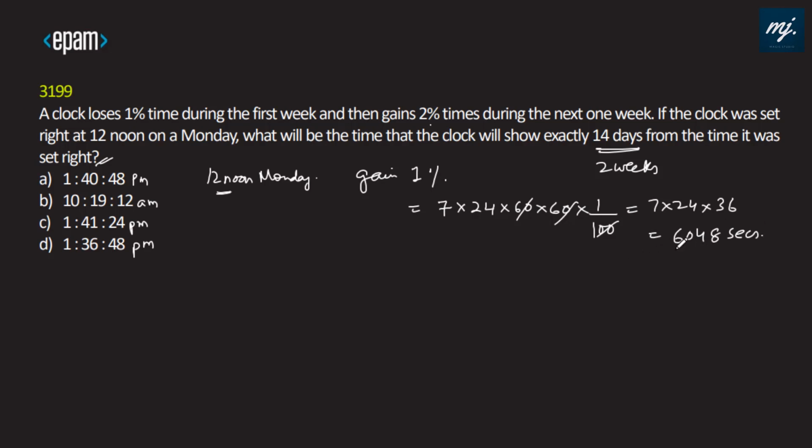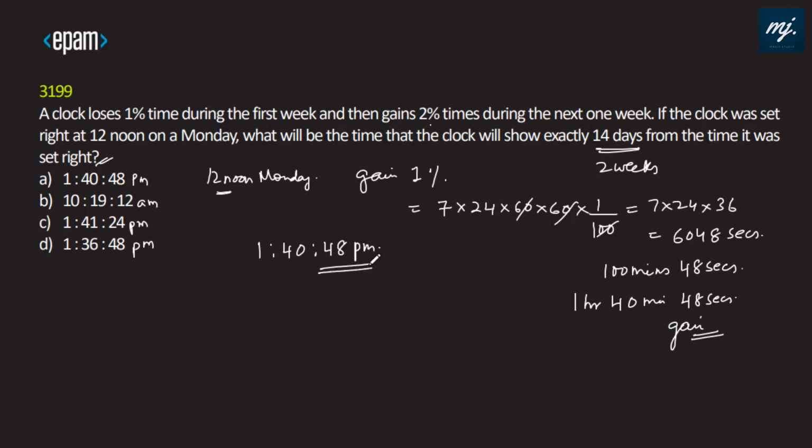If I divide this by 60, I'll get 100 minutes 48 seconds. If I divide 100 by 60, I'll get 1 hour 40 minutes 48 seconds. That gain would be there in the clock. So 12 noon plus 1 hour 40 minutes 48 seconds means it will show 1:40:48 PM exactly after 14 days. That is option A.